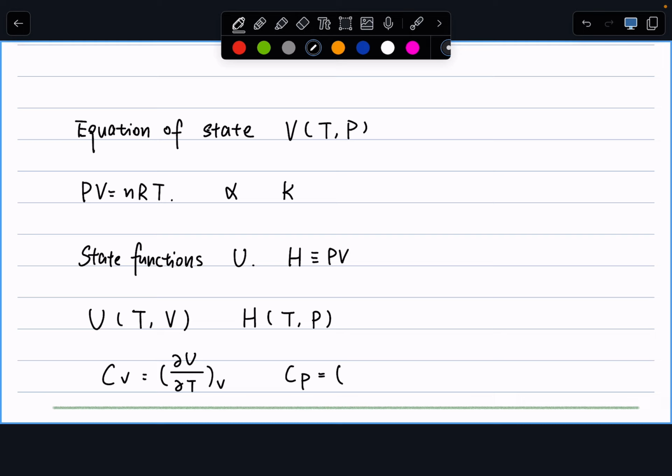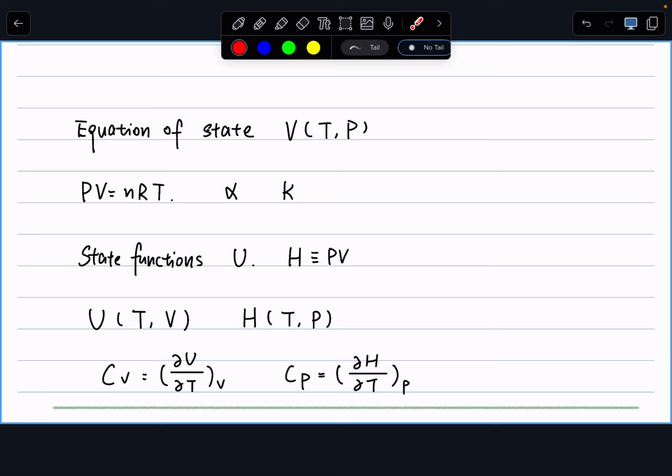My isobaric heat capacity is dH/dT at constant pressure. All right, so these are the heat capacities. But as we were saying, for these relationships involving three different variables, we need two partial derivatives to solve for their relationship.